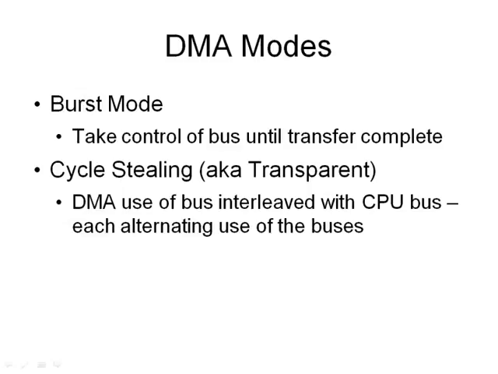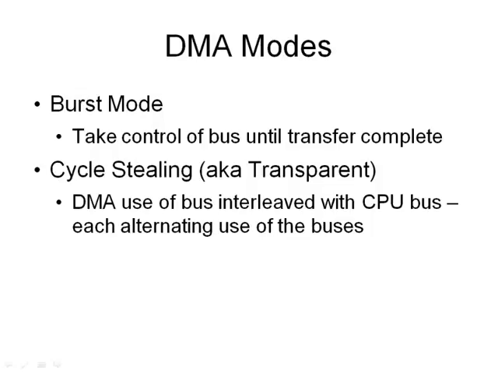Key DMA modes are burst mode, where the direct memory access controller will take control of the bus until the transfer is complete. So it's going to say, I'm passing data just now, so nothing else can use the system bus because I'm using it to pass data.